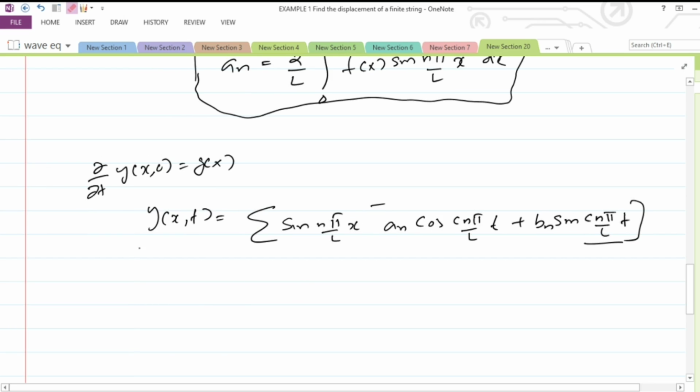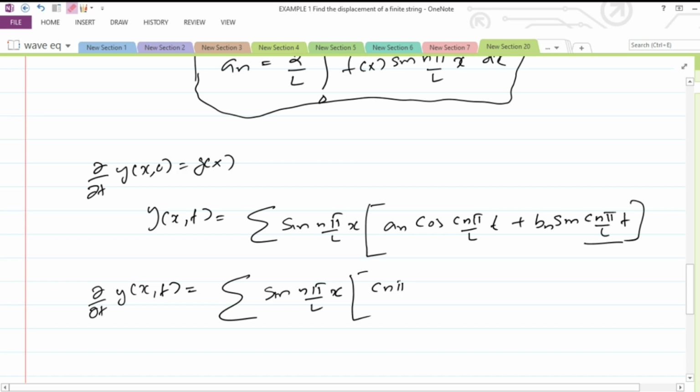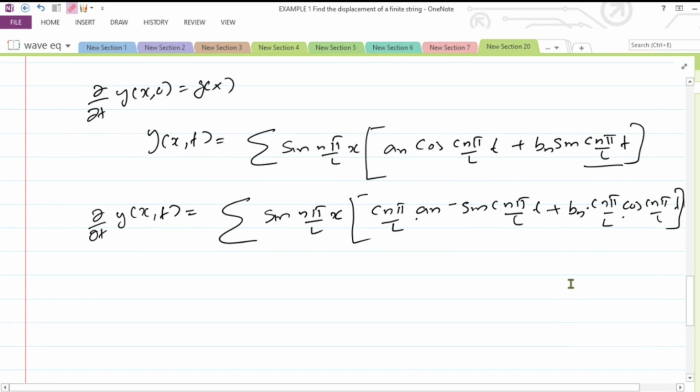So first of all, we find the partial derivative with respect to t. dou by dou t of y of xt is equal to sigma sine n pi by l x into cn pi by l into an, derivative of cos, minus sine cn pi by l t, plus bn into cn pi by l into derivative of sine, cos cn pi by l t.